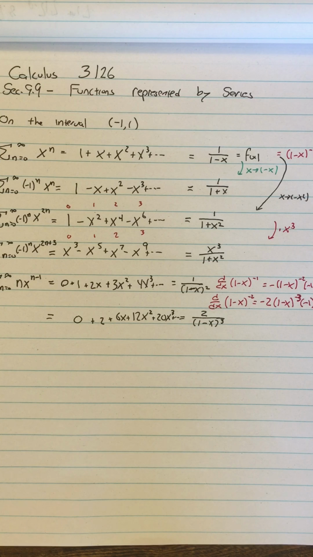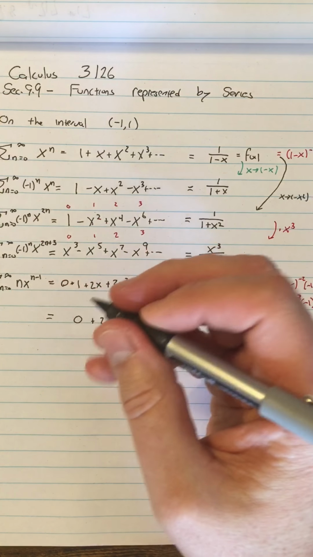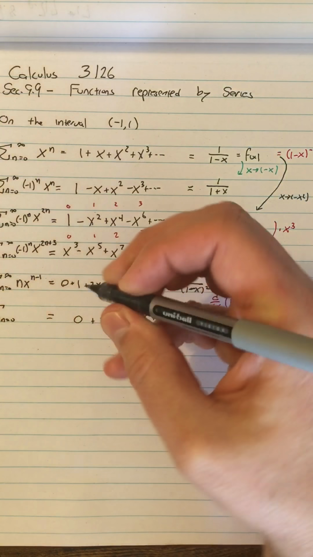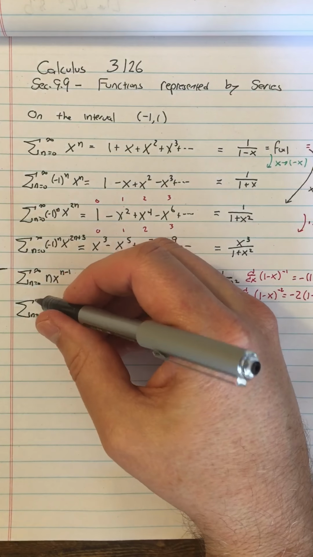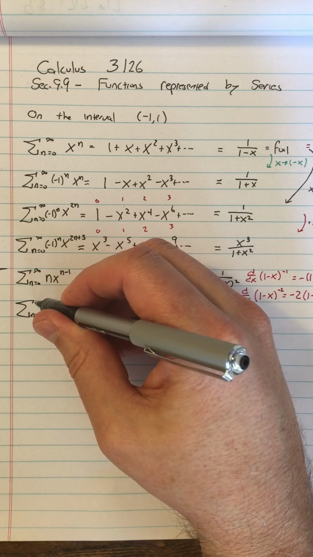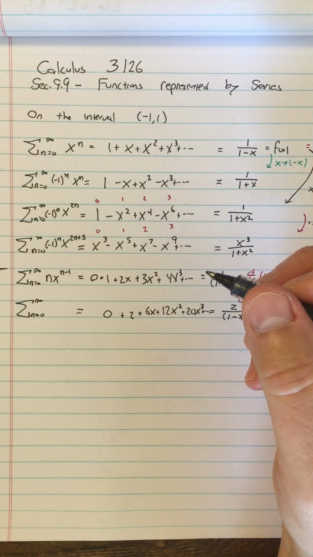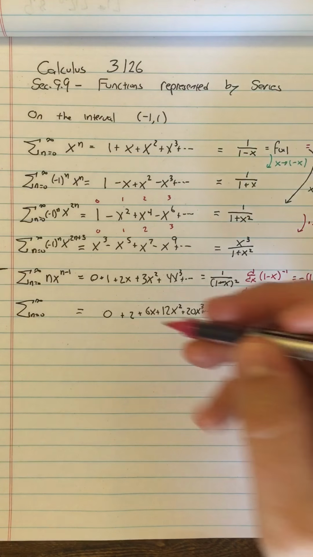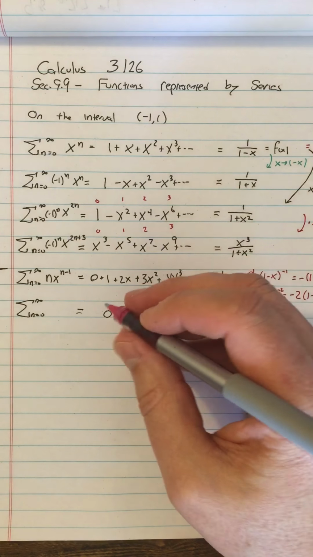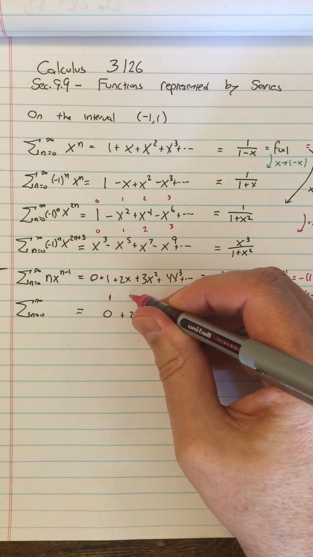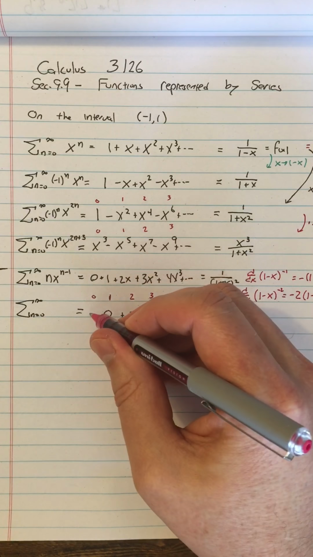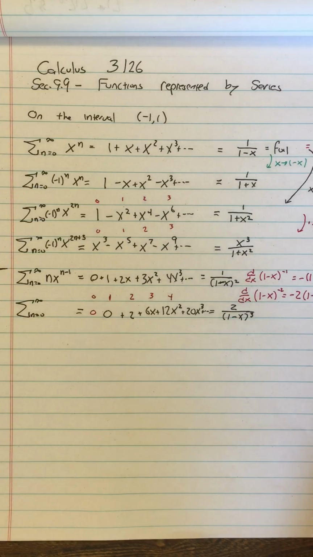I chose to do n equals 0 to infinity again. I think your book does 1 to infinity on this one, but you'll see how you can just manipulate the expression over here, and that will change what your index variable is by 1, and you can account for it. So now we're looking at n equals 1, n equals 2, n equals 3, n equals 4.